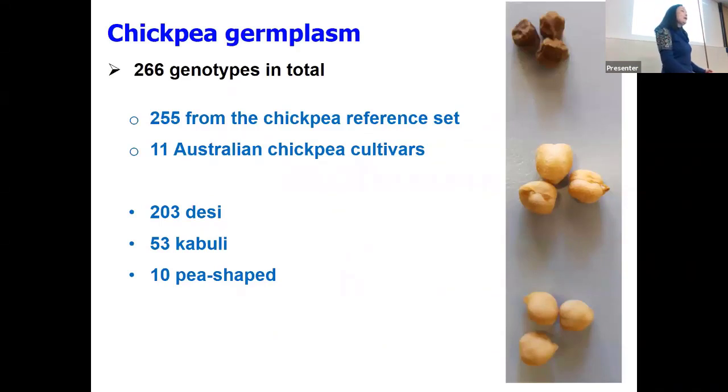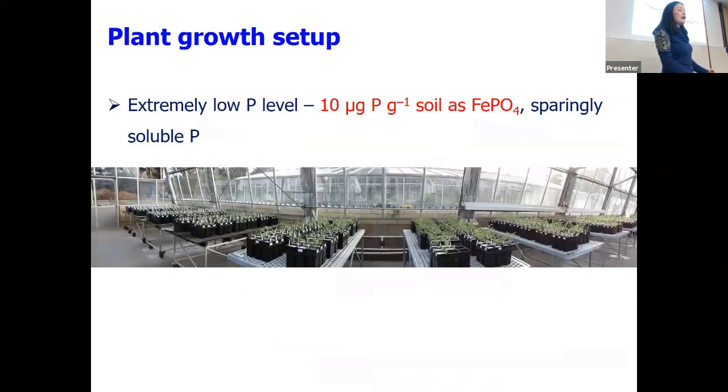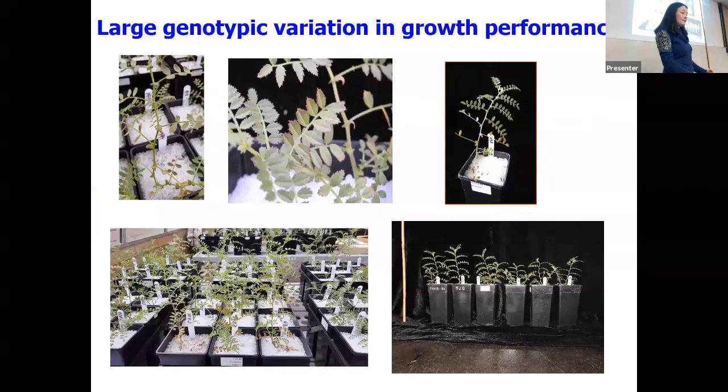So in our program, we included over 250 chickpea genotypes from the chickpea reference set, plus some Australian commercial cultivars. And plants were grown under extremely low phosphorus. And there is large variation between genotypes in plant growth.